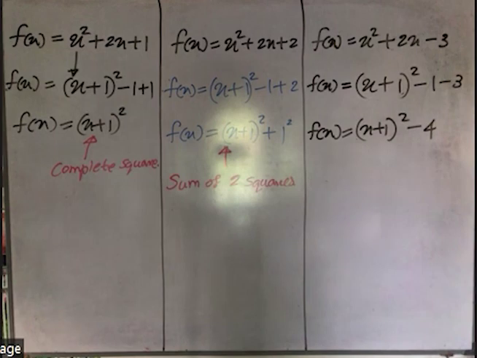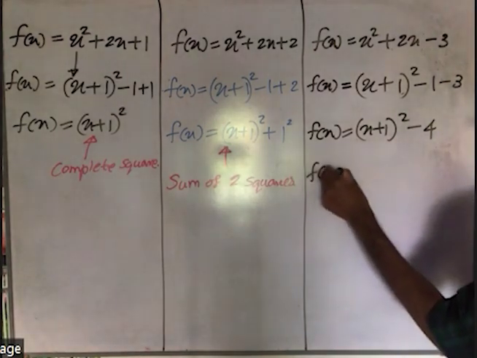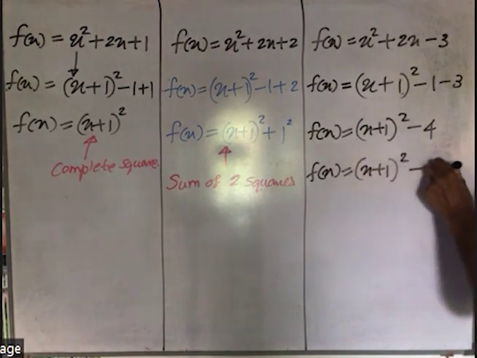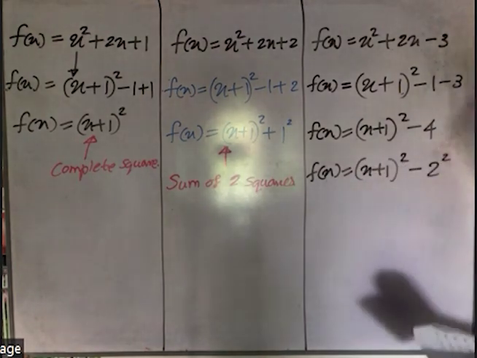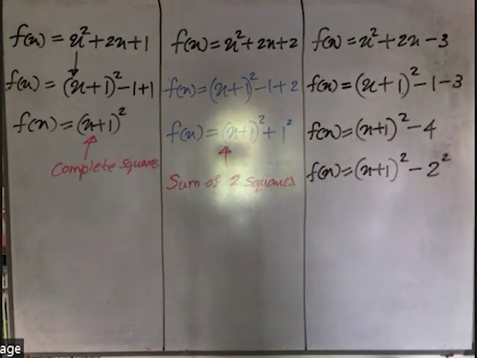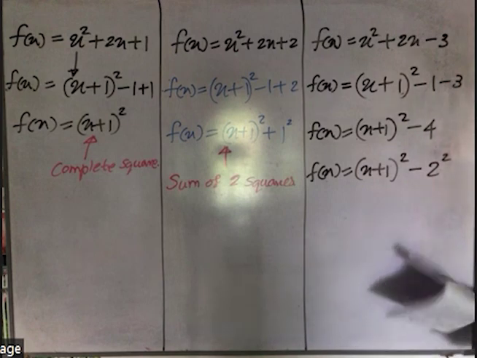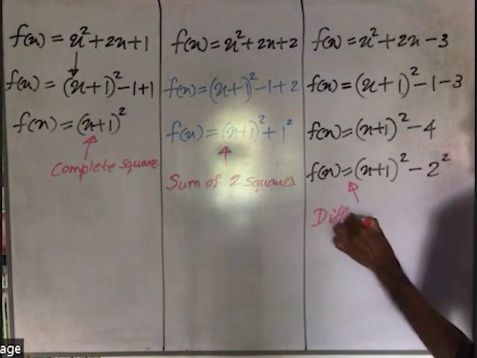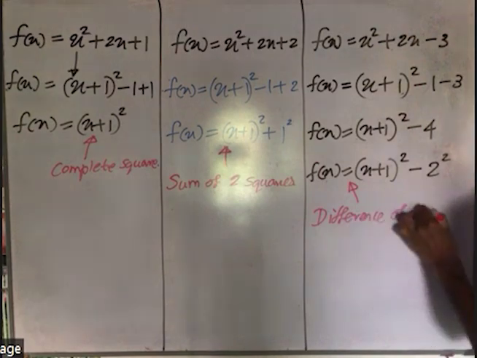So we can write this as f(x) equal to x plus 1 square minus 2 square. Now we have the difference of two squares, right?